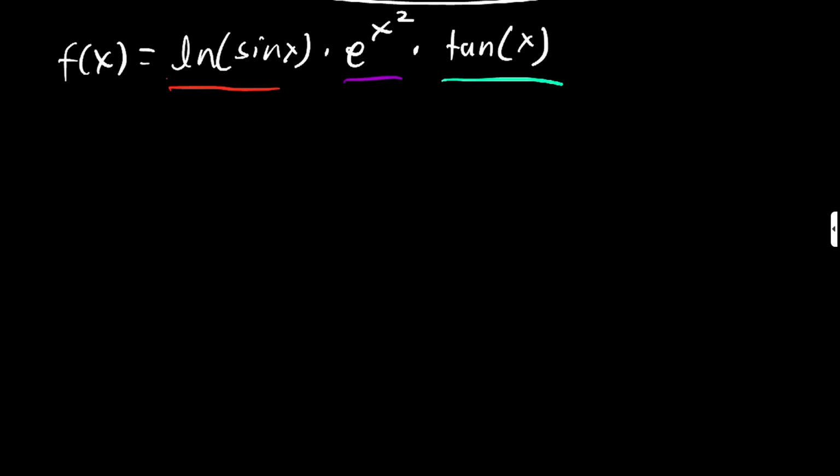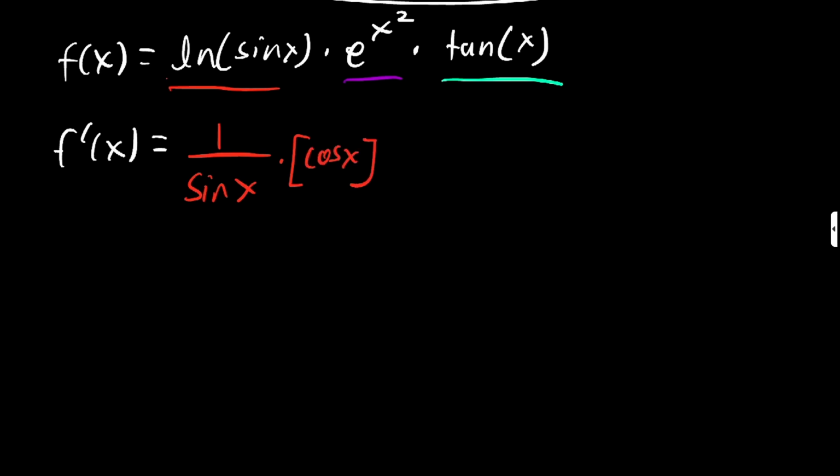So f prime of x will result in the derivative of ln of sine x, which is 1 over sine x times, with the chain rule, the derivative of sine x, which is cosine x, and we're just going to tag our e to the x squared and tangent of x terms. We're going to add, and now we're going to take the derivative of e to the x squared, which is just e to the x squared times 2x as a result of the chain rule.